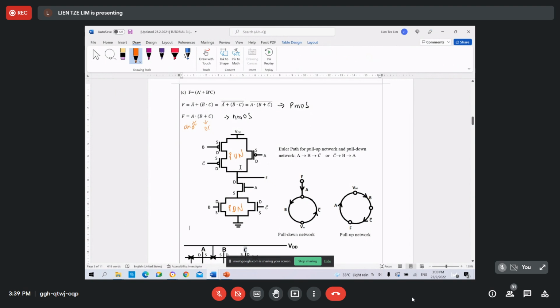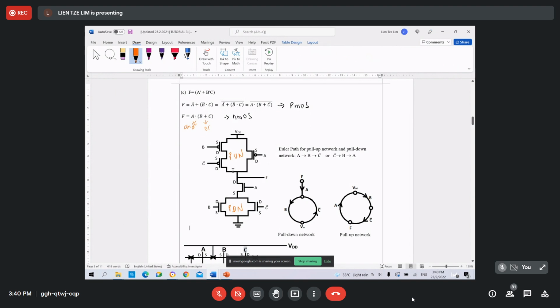So in the schematic, you need to make sure that you draw the VDD, connected to the VDD source, the ground, and all the transistors and the output. After you draw the schematic diagram, then you can start to draw the stick diagram.